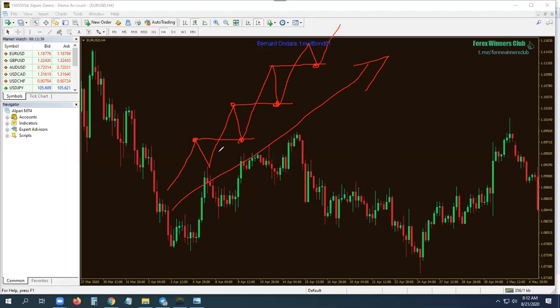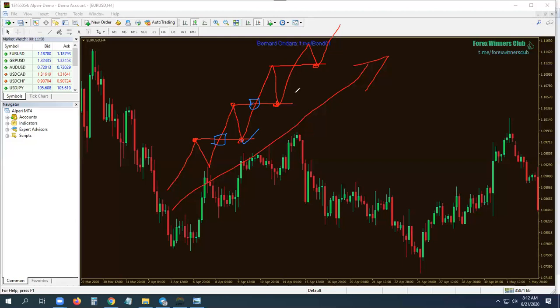So if you want to be a better trader, this is what you need to do. Don't trade immediately. Don't trade here when the breakout is happening. You trade when the market comes back to the same level. You wait for it to break out, go up, but then come back to where the breakout happened.